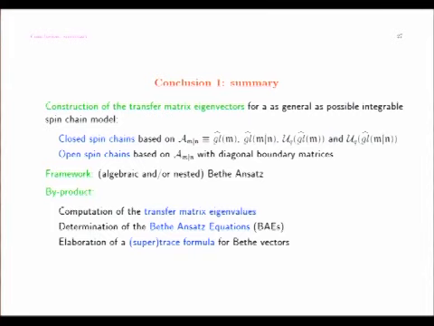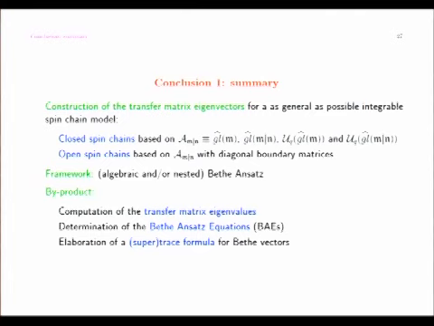So just to summarize, I've presented to you a construction of the transfer matrix eigenvectors. For these, it's a mistake, it's Yangian here.